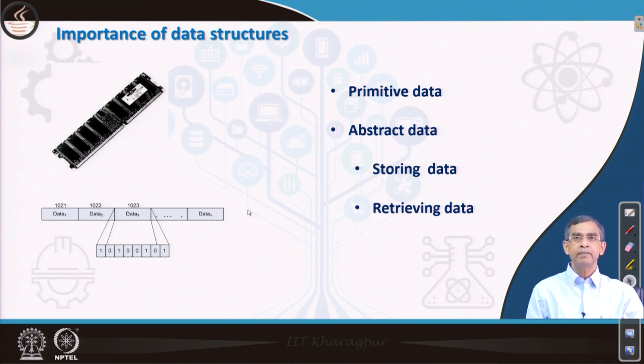Primitive data is really very simple, like integer, real, boolean or character. But with primitive data, if you want to store some other complex data, for example an image, then definitely the primitive data definitions supported by the programming language are not the only way that you can do it.